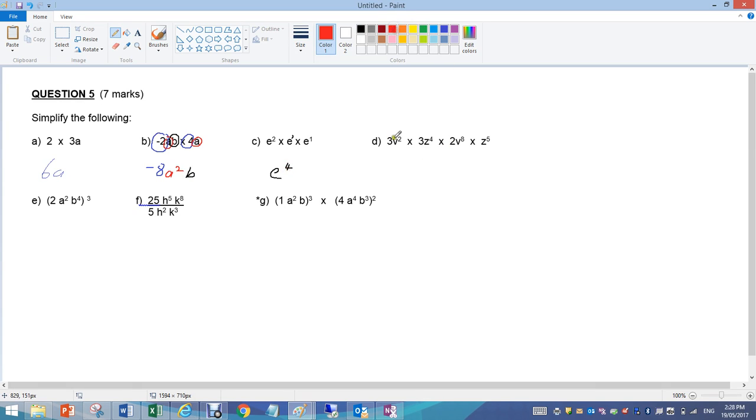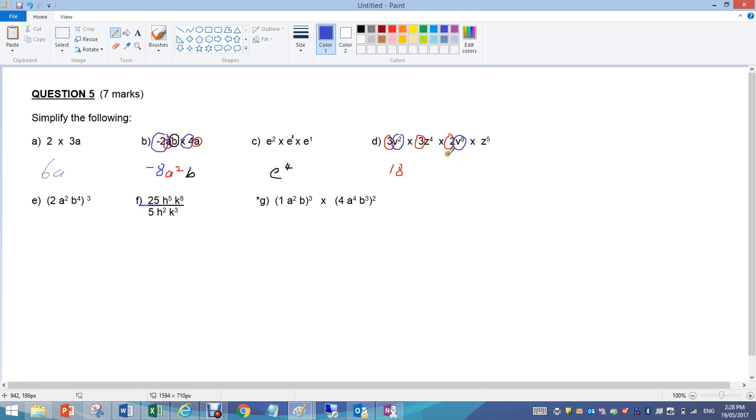Next one. Got multiple different terms to deal with, so let's do the numbers first, as usual. 3 times 3 times 2, so 3 times 3 is 9, then times 2 is 18. Then v squared and v to the power of 8.